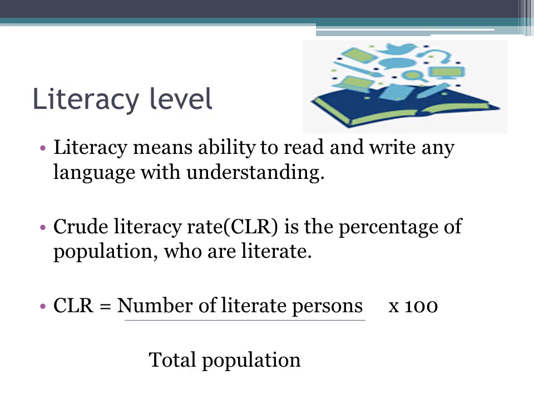Now comes the literacy level. Literacy means ability to read and write any language with understanding. Crude literacy rate is the percentage of population who are literate. It is calculated by dividing the number of literate persons by the total population.